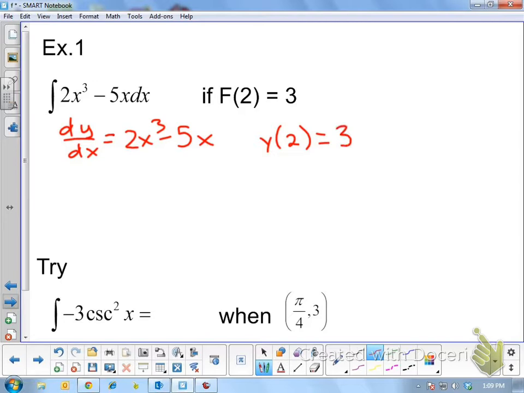So that's saying the same thing, but it's presented a little bit differently. And it is the same thing.